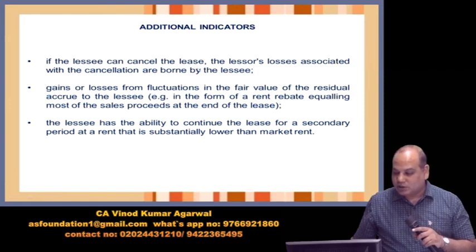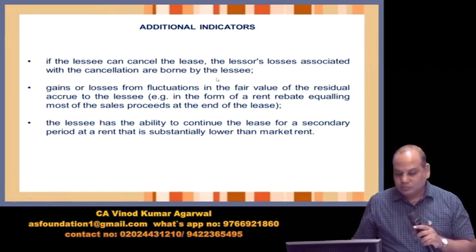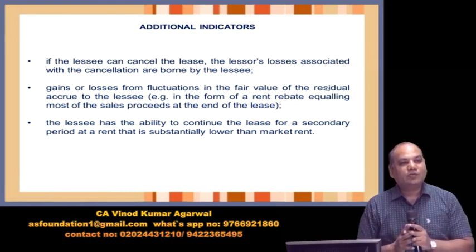If the lessee can cancel the lease, the lessor's losses associated with cancellation will be borne by the lessee. So that means there is a heavy cancellation penalty. Second, gains or losses from fluctuation in the fair value of the residual accrue to the lessee. If the lessee is going to bear the residual value loss, the lessee is not the owner, but in some way he is supposed to bear the residual value loss, then it is an indicator of a finance lease.